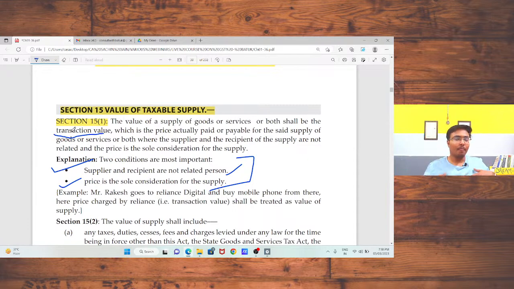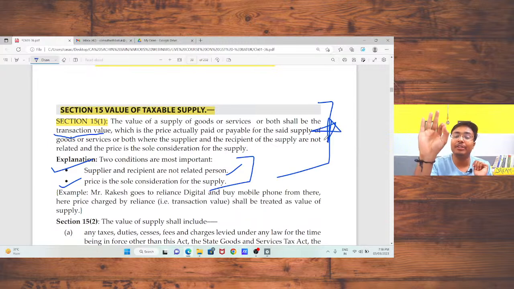Same concept: if I go to any shop and buy certain goods, the transaction value is the value mentioned by that shop owner, because I am not a related person and price is the sole consideration. That is the concept of value of supply. This is a very basic definition. If price is the sole consideration, and recipient and supplier are not related persons, in that case your transaction value is your value of supply.